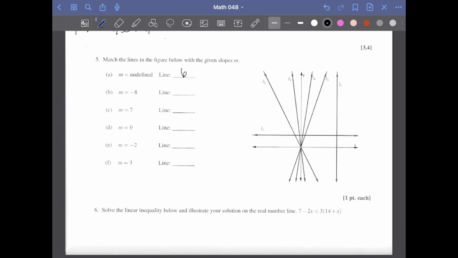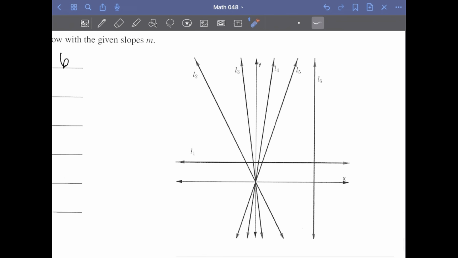M equals negative 8. So first thing, negative slopes go downward to the right. So we're looking at the slopes that go downward to the right. I see only line 2 and line 3 go downward to the right.